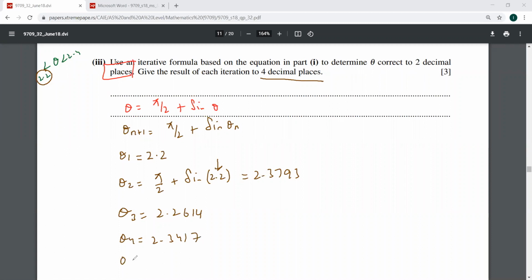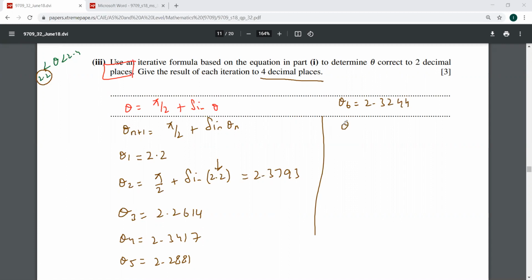Then theta 4, theta 5. If you get this converging at 2 decimal places, you can stop there. So what is theta 6? 2.3.